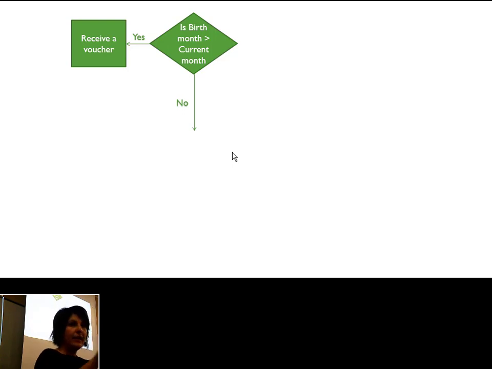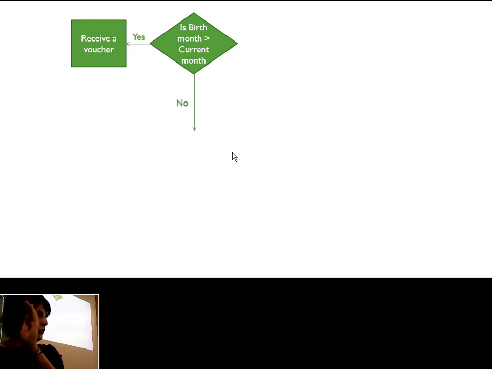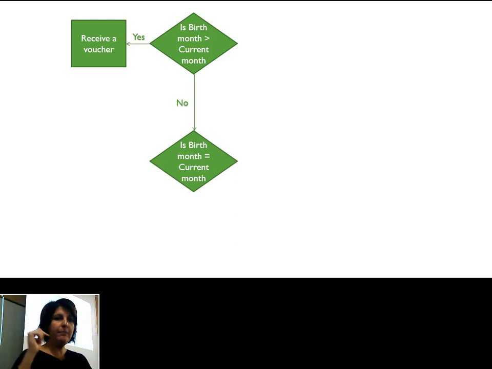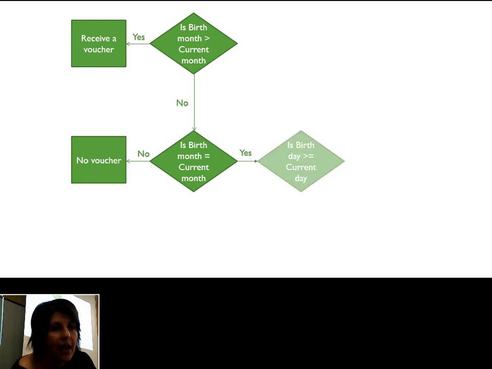No. That means this one or the other one has to be true for true to be returned. Now, we had a second test, remember? Is the birth month equal to the current month? And if the birth month is equal to the current month, then what happened? Can you still remember? We tested the day.